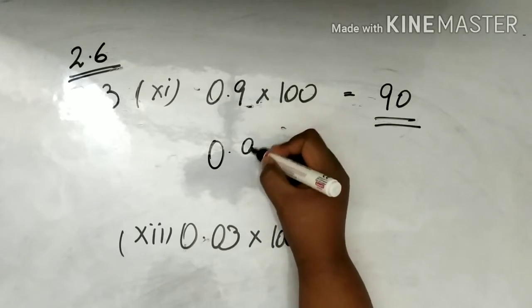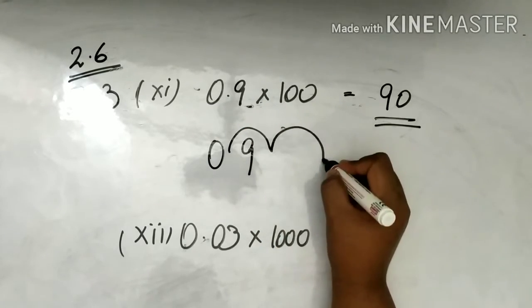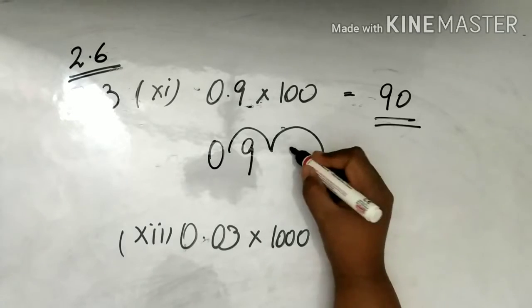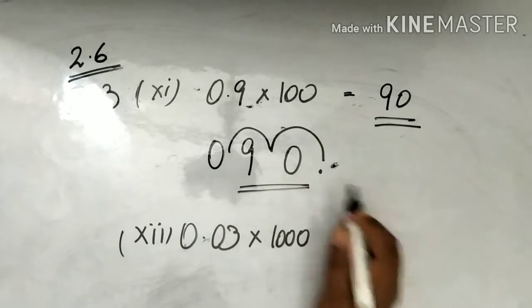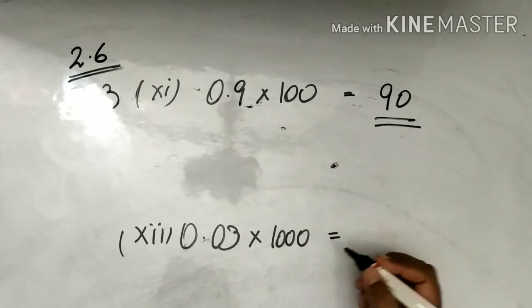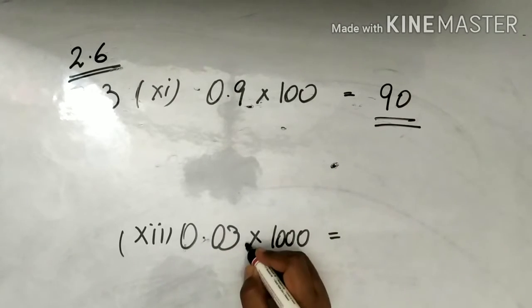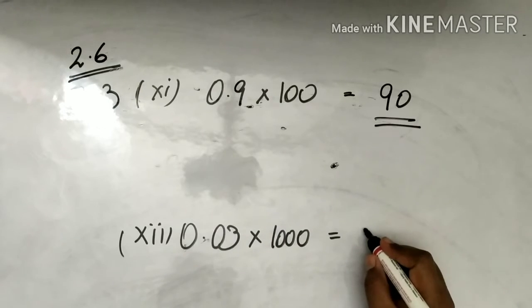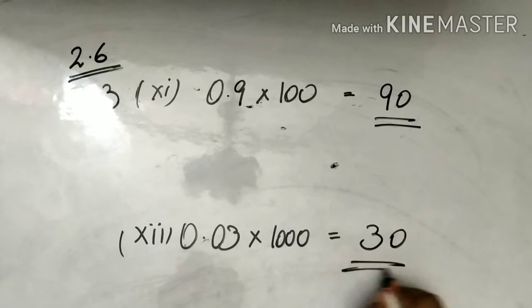So 0.9, there are two zeros, so it will move twice. So the point will come here and the answer will be 90, right? And then over here the answer will be, 1, 2, 3, it is 3 times, right? So it will be 30. Okay. Similarly, do the other questions of the third part.